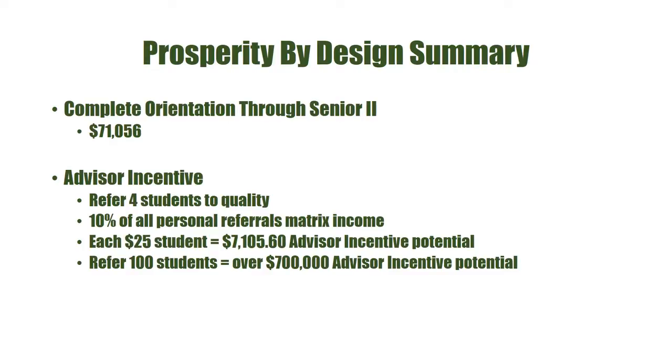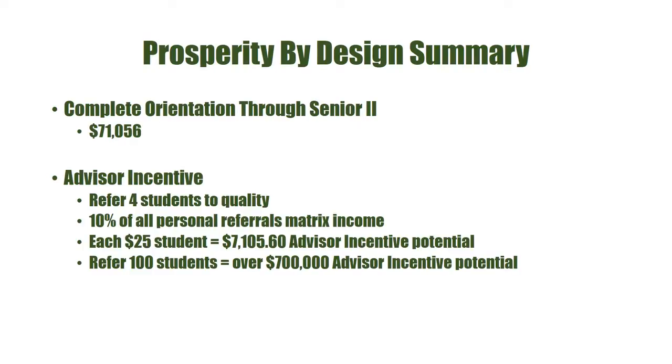But that is just a fraction of what you can earn in this business if you share it with others. So we're going to talk about the advisor incentive. We haven't even talked about that. The advisor incentive is where the majority of the income that you can earn from this business resides. When you refer 4 students, as soon as you refer the 4th student, you qualify for the advisor incentive. It's a 10% bonus on the matrix income or the classroom income of all of your personal referrals.